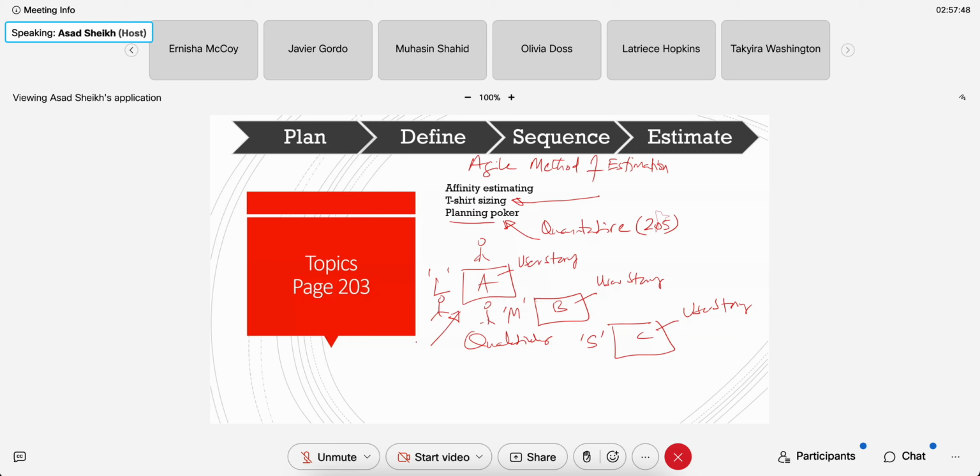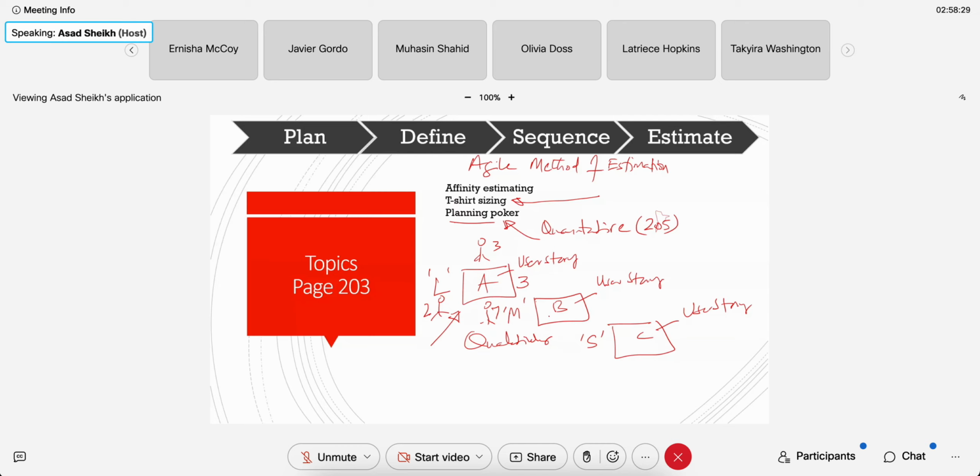Looking at A, he's saying it's going to take me 3. This one is saying it's going to take me 2. This one is saying it's going to take me 7. This one is kind of high compared to 3 and 2. So they're going to discuss until they all agree to a number. After they discuss it a couple of times, they all say, okay, we're gonna give it a 3. 3 days or whatever the duration is. 3 days, 3 hours, 3 weeks, whatever it is.